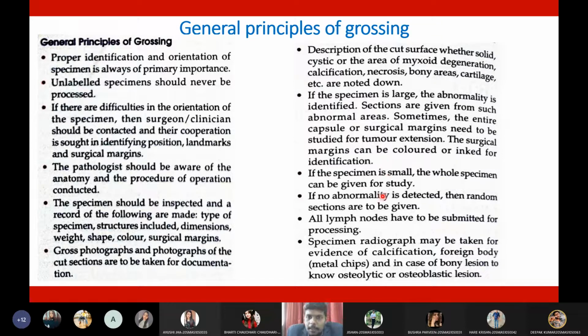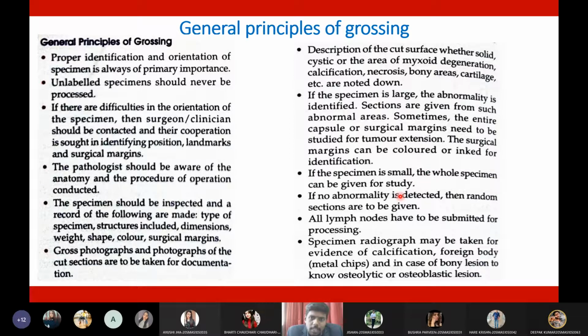Okay. Then if the specimen is very large, we need to take the portion where there is an abnormality in the tissue. Okay. So if the specimen is small, the whole specimen can be used for study.